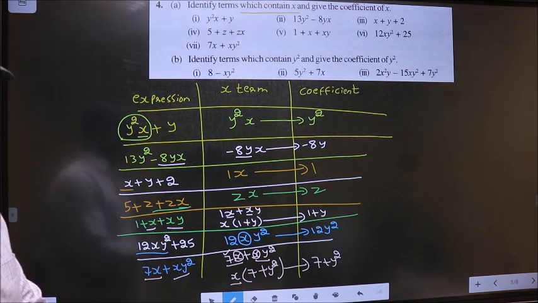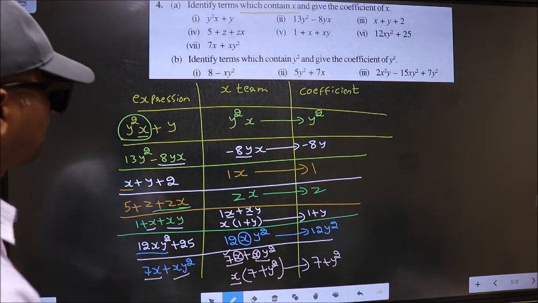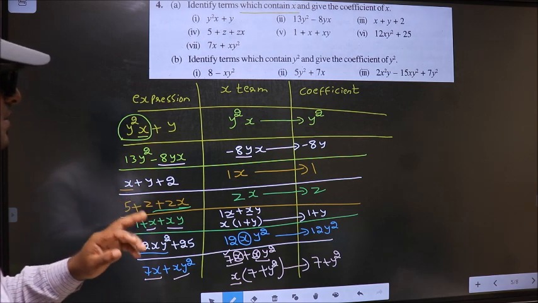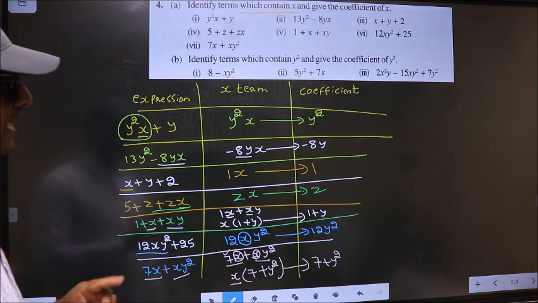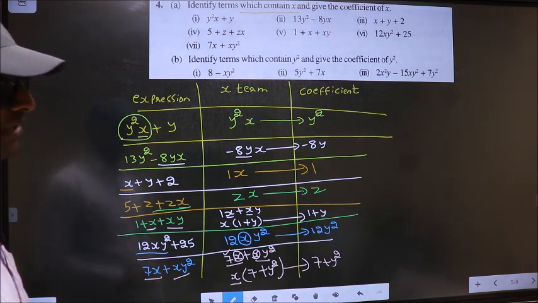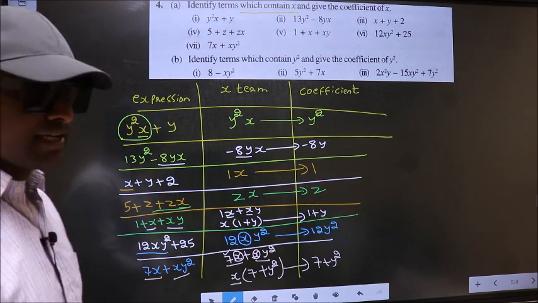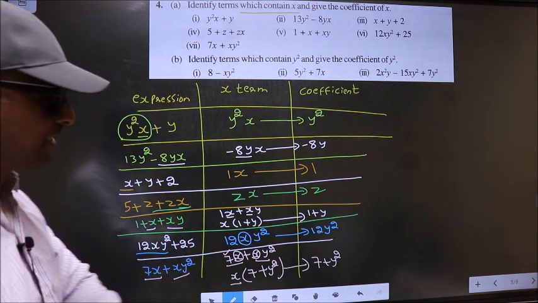Okay. Next, B1. Identify terms which contain y square and give coefficient of y square. Again, I show in the table form. See.